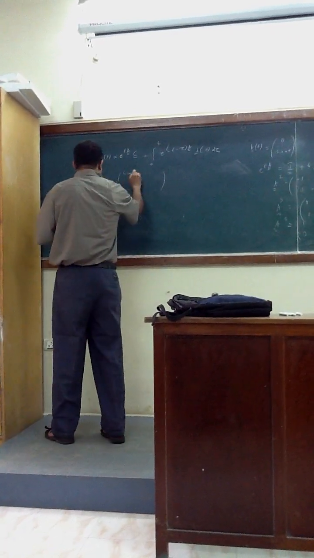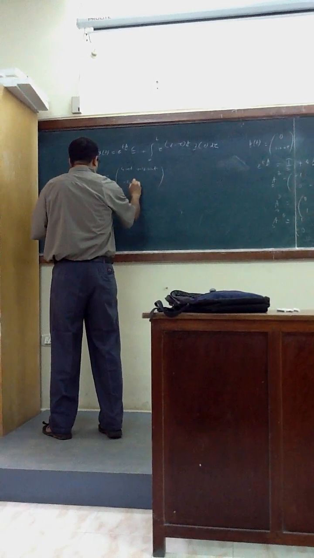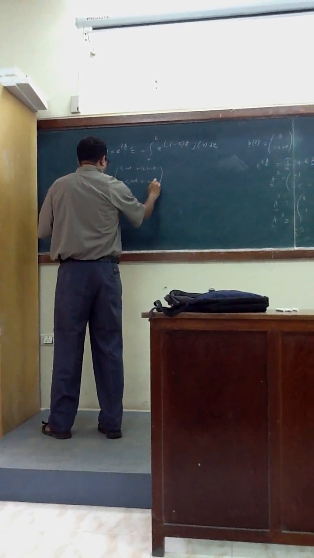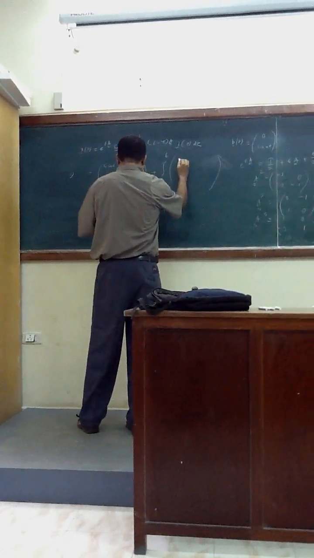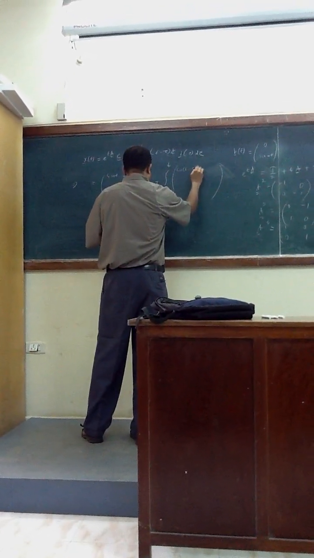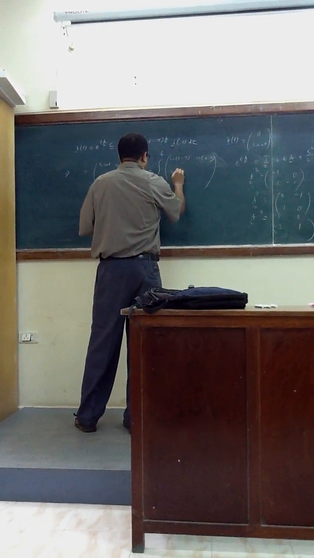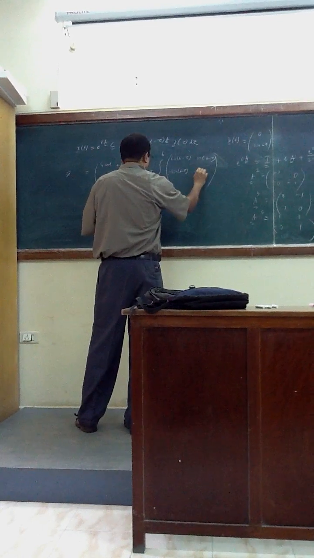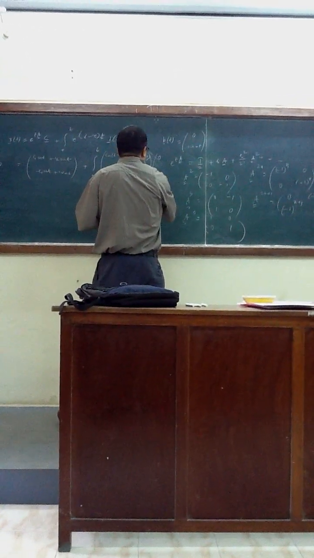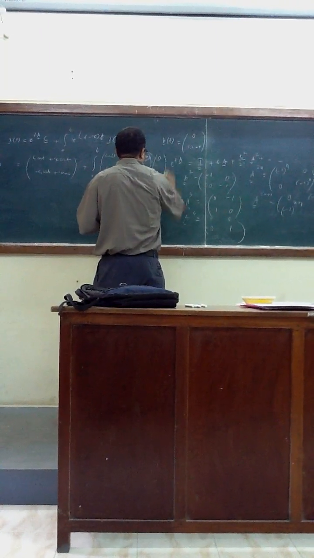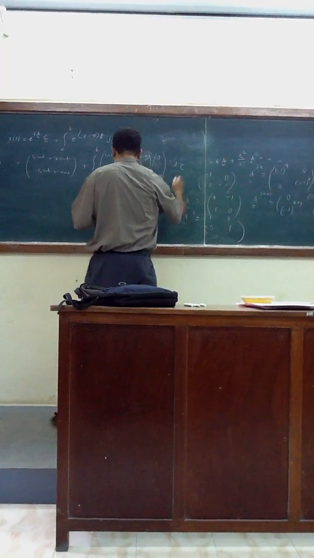E to the power tA into c: c1 cos t plus c2 sin t. Next, minus c1 sin t plus c2 cos t, plus integral from 0 to t. Then what we have? Cos (t minus tau), sin (t minus tau), minus sin (t minus tau), cos (t minus tau). b bar is given, which is 0, sin 2t, which is written here directly, and we have here d tau.